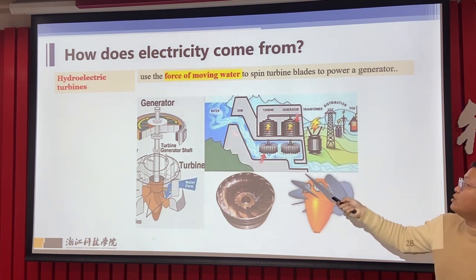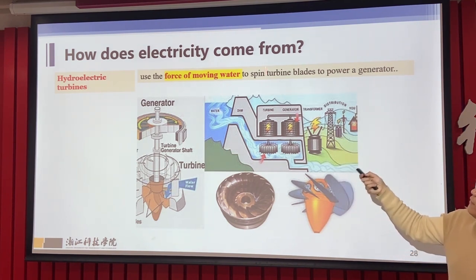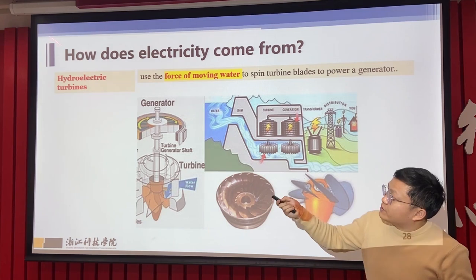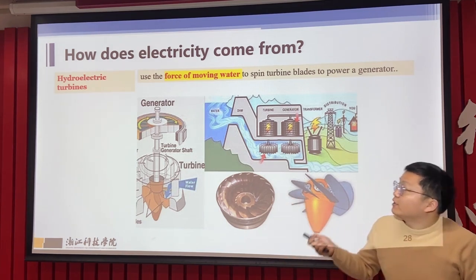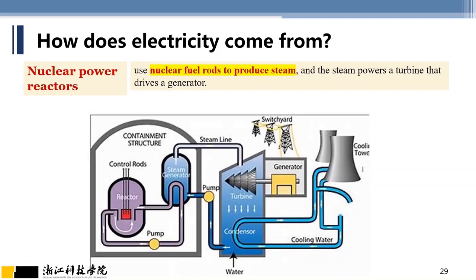We use moving water to drive the turbine. Here we have hydroelectric turbines, and also we have nuclear power reactors.